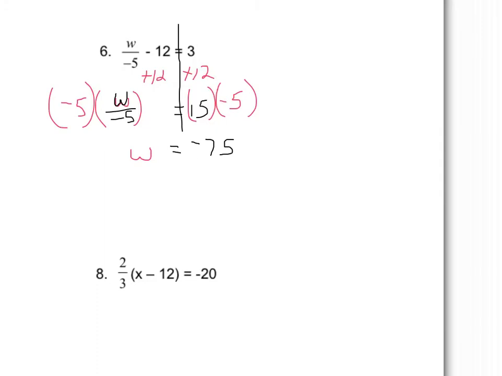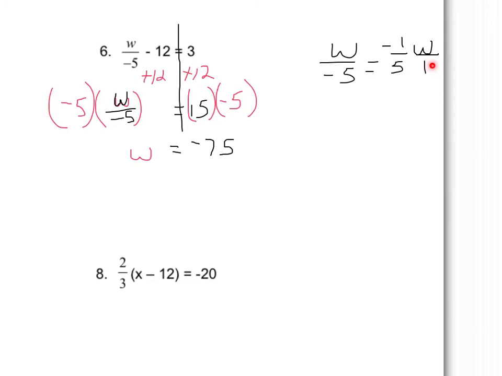Okay, another way to look at this is w divided by -5 is the same thing as -1/5 w. Right, so if I made w a fraction, we would put it over 1 like that. And the rule for multiplying fractions is you multiply the numerators, then you multiply the denominators.